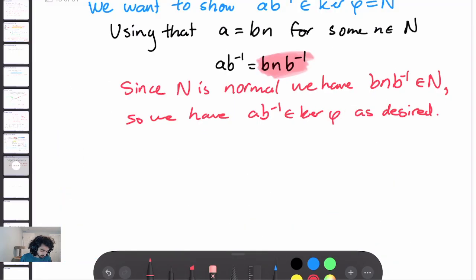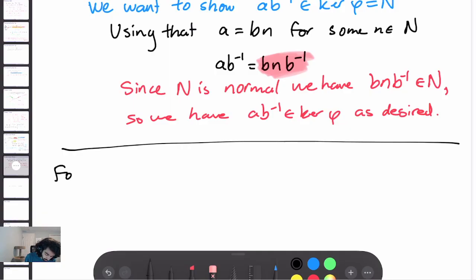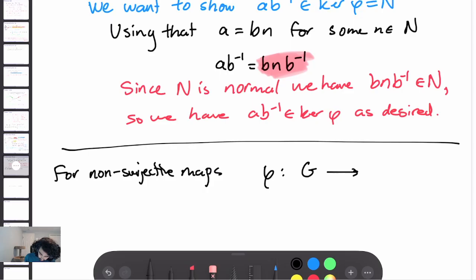If your map is not surjective, that sends G into G prime, well, you can restrict the codomain. So you can say, forget about the rest of G prime. I just want to look at the things in G prime that are actually being hit by something in G.